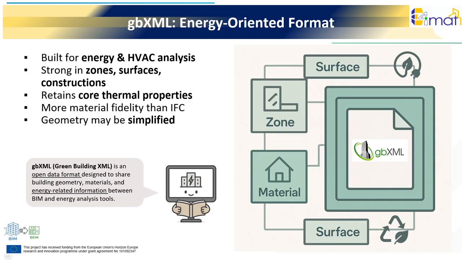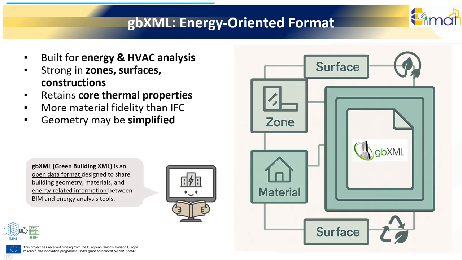GBXML is designed specifically for energy modeling, so it aligns naturally with the needs of BEM tools. It represents thermal zones, surfaces, and construction layers, and typically carries key thermophysical values such as thickness, conductivity, density, and specific heat. Because of this focus, GBXML often preserves more material-relevant detail than a general IFC export.